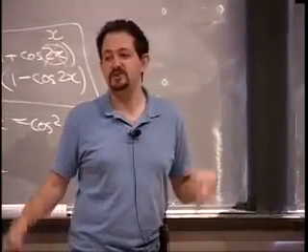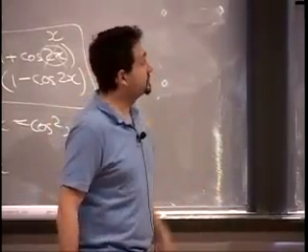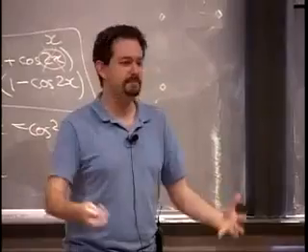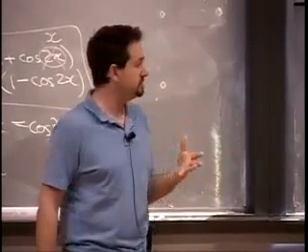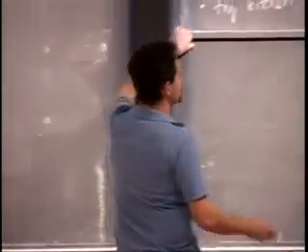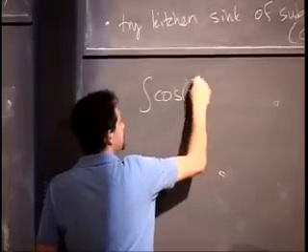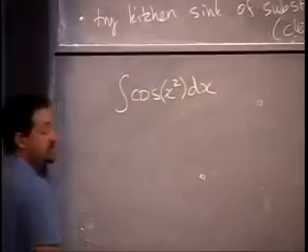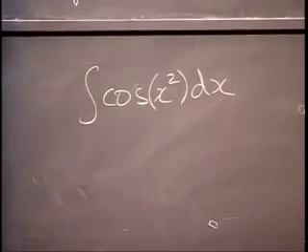I wish there was some method that solved every integral. But the fact is, if you just write the integral of some function that you think of, probably you won't be able to do it if the function is sufficiently complex. Even something like cosine of x squared, not cosine squared x. You can't do it.